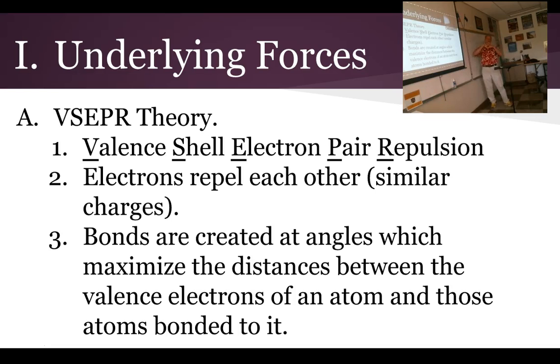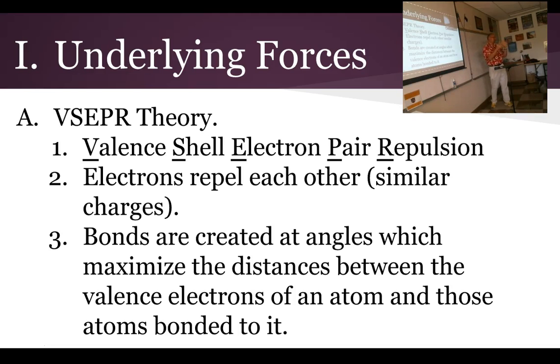So if you have a sphere and you've got a negative thing over here and a negative thing over here, they will find themselves exactly opposite each other. If you have three things around a sphere, they will be like a peace sign, so that they're as far away from each other as possible.